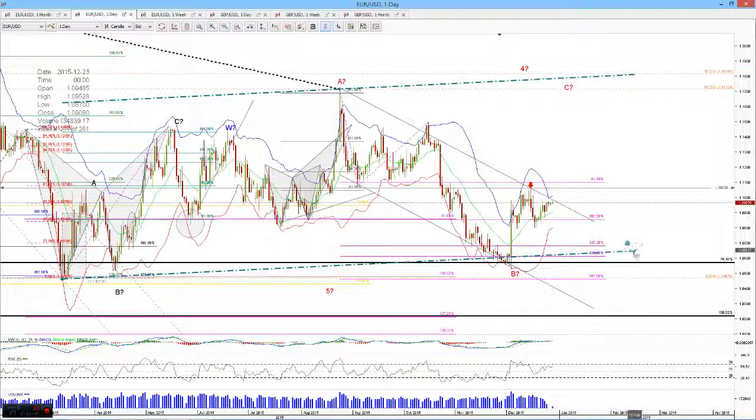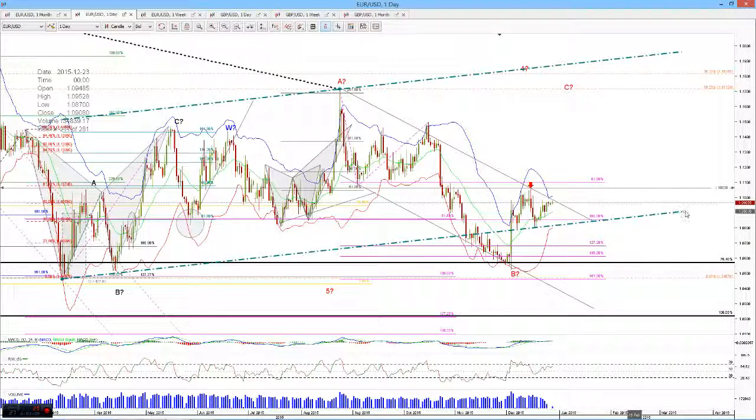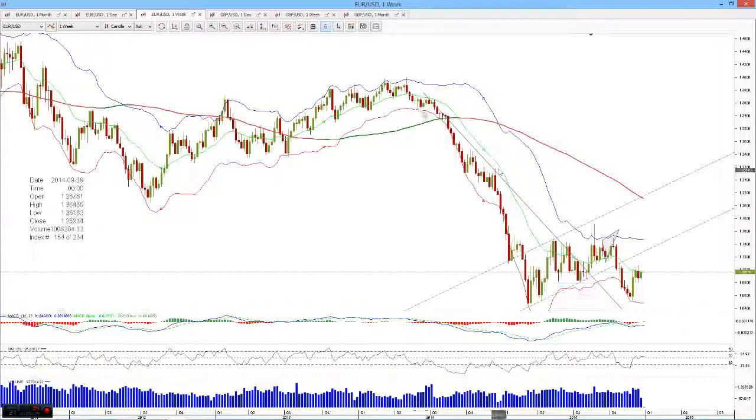I will place that line at those lows. Okay, in that case the C wave may reach the upper channel line, and at the same time it will reach this FIBO level, a typical FIBO level for a fourth corrective wave to complete.